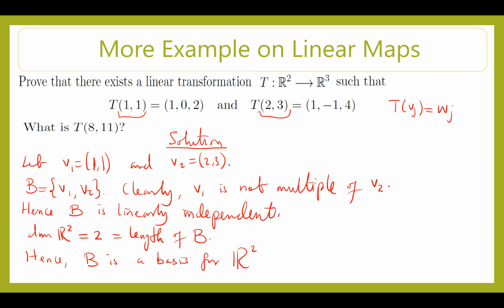It is very easy to show that B is linearly independent because it involves just 2 vectors, and one is not a multiple of the other. I don't know any constant that you multiply by (1, 1) to get (2, 3), so that is not possible. Therefore, B is a basis.